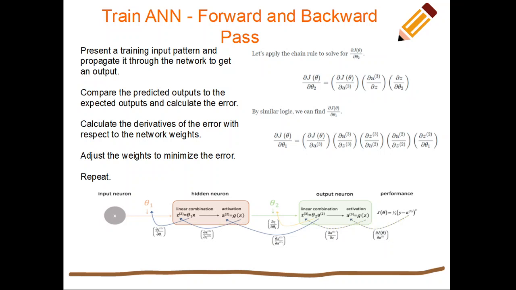The calculation of the derivatives uses the chain rule. For example, in this particular case, if you have to find the derivative of this output with respect to the weight in the innermost layer, it is built as a chain, a multiplication of various derivatives. That's why this uses the chain rule.